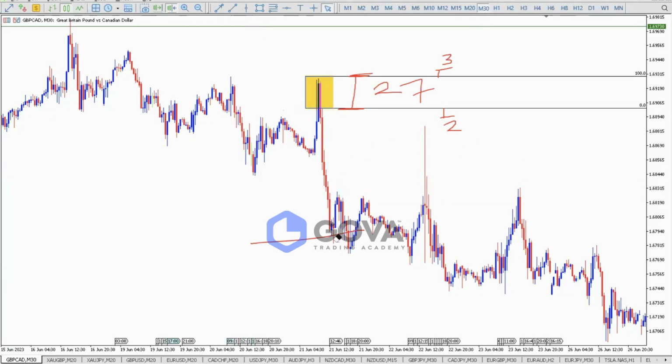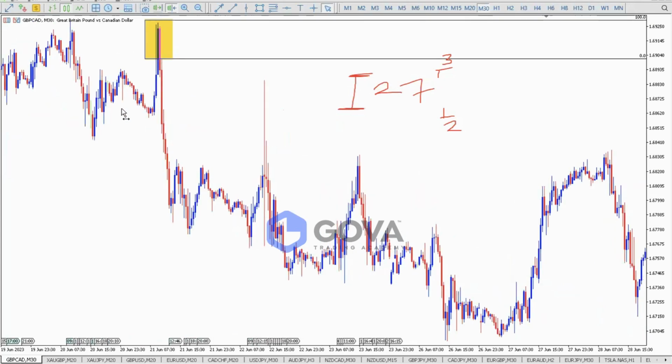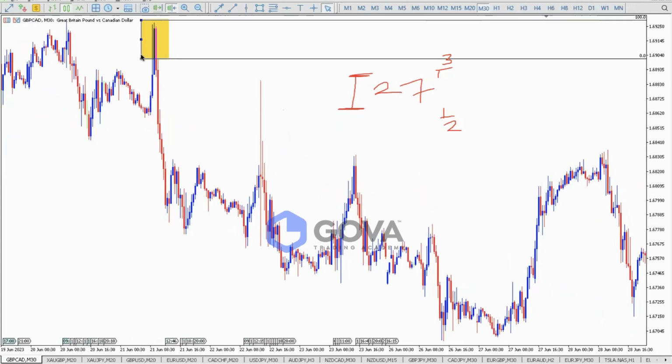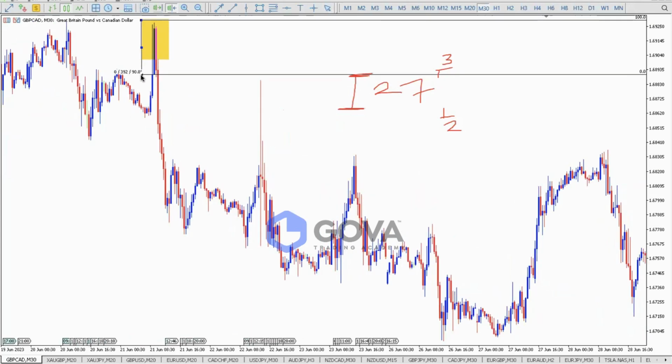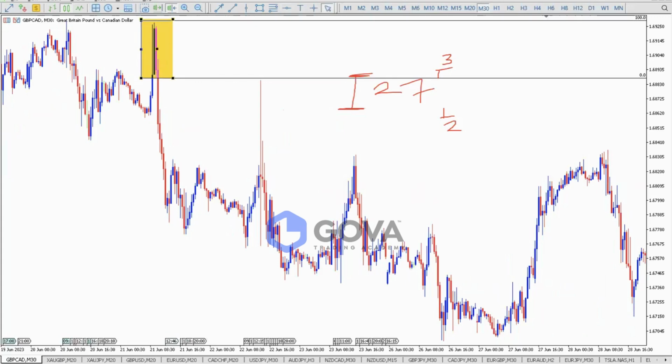So what about the reward? How many pips is the reward on this trade? You can see market price dropped all the way down into this area here.